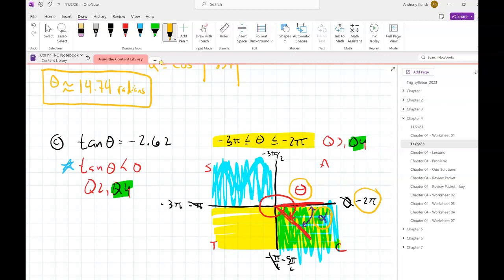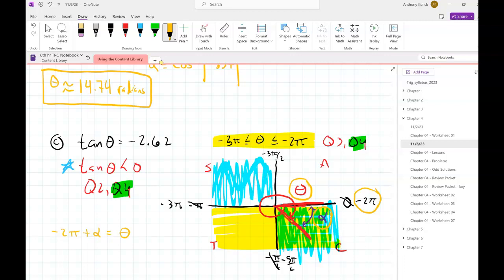Everybody's okay with that? So if we look here, it seems like theta is past negative 2 pi, right? Everybody agree with that? So it looks like I should just do negative 2 pi plus, or I'm sorry, plus alpha equals theta, right?